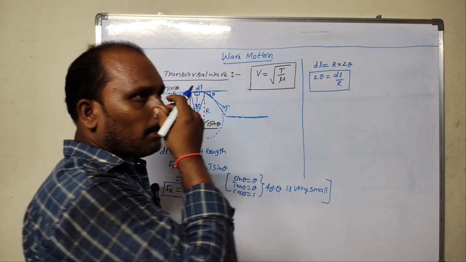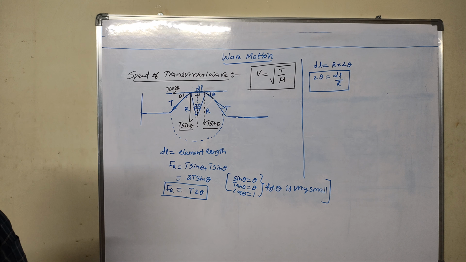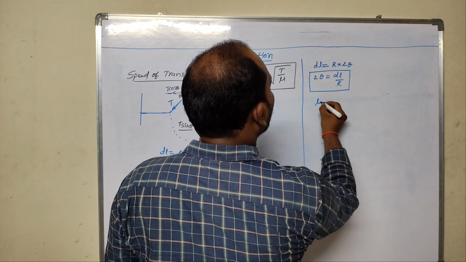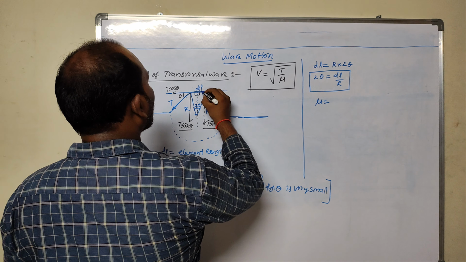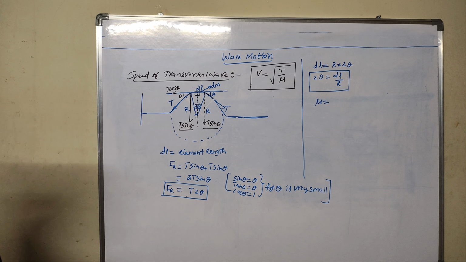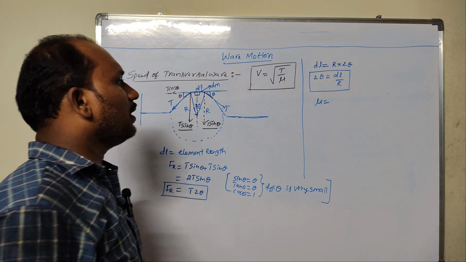Next, I want to find out the linear mass density mu. For this dm particle, for the elemental length, what is the mass of the elemental length? dm is the mass of the elemental length.